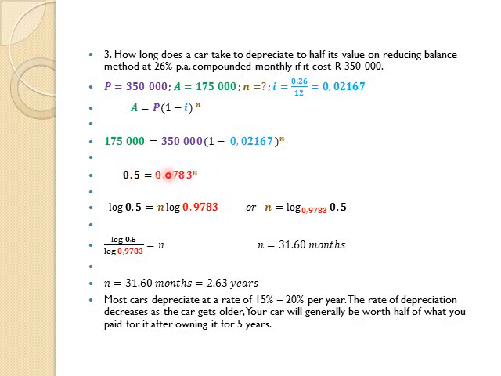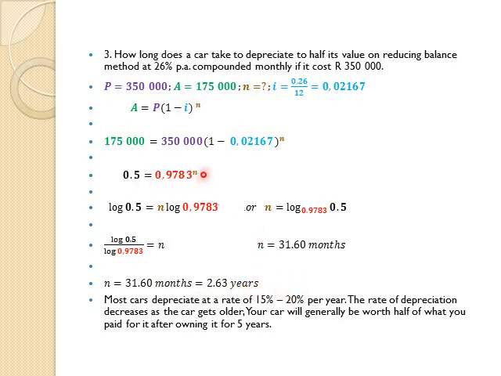Right, because I can't make the bases the same, I introduce log on both sides, so I say log 0.5, log 0.9783, and then I move n to the front. So log 0.5 divided by log 0.9783, n then equals 31.60 months, or 2.63 years.